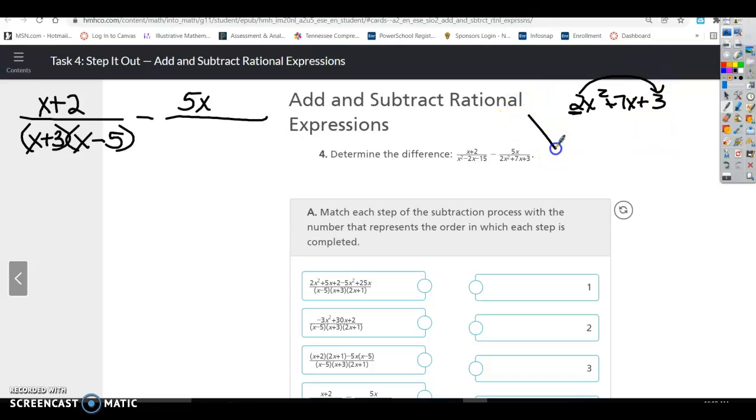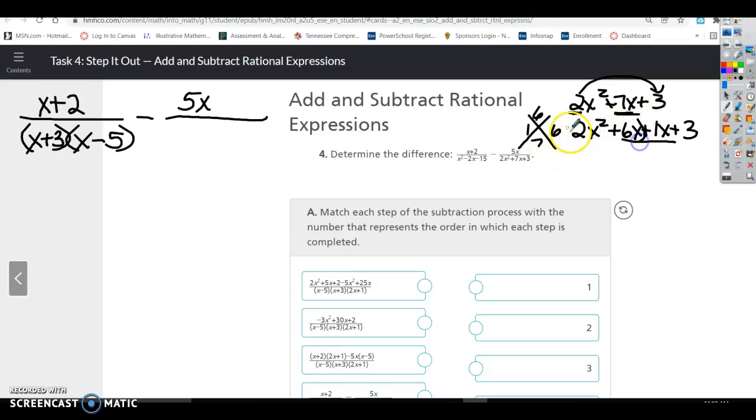So we're looking for a number that multiplies to give me 6. 2 times 3 is 6, and we need to add to get 7. So that's going to be 6 and 1. So we're going to rewrite the middle term as plus 6x and plus 1x plus 3. So all we did was rewrite the 7 as 6 and 1.